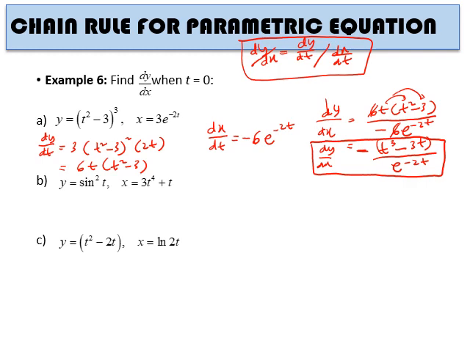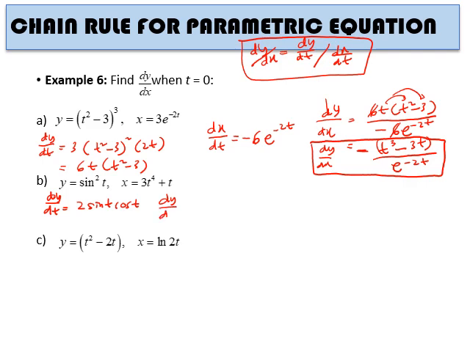Okay, that's it. Very simple. We just substitute in the formula. So how about part b? The dy/dt will be 2 sine t cos t.